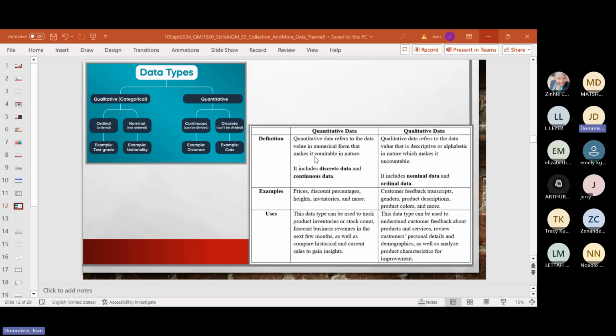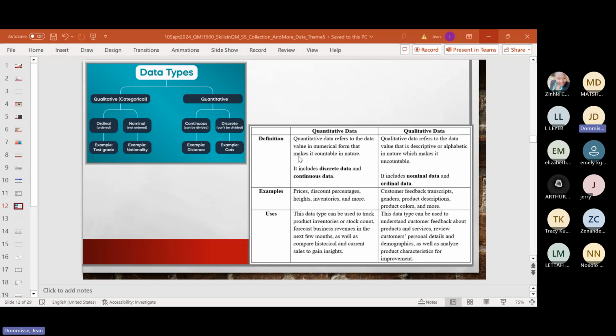A continuous number is to say, what was the distance that you traveled from home to work? One of you can say, well, I traveled 12 kilometers. The other one could say, no, I traveled 15.67 kilometers. So it's a continuous kind of number.